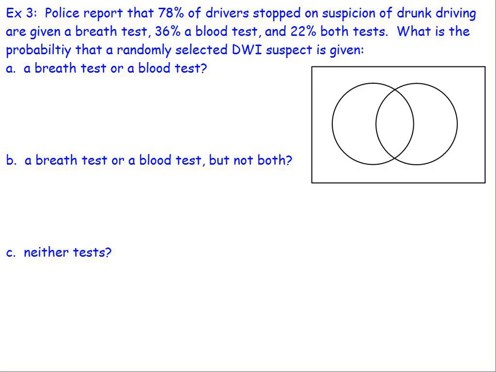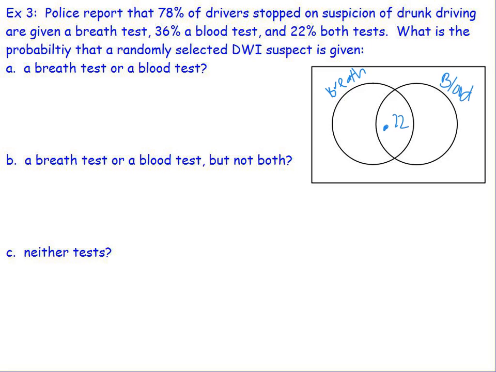Alrighty, a police report says that 78% of drivers stopped on a suspicion of drunk driving are given a breath test, 36% a blood test, and 22% both. So let's do our lovely Venn diagram. So we had a breath test, and we had a blood test. 22% was both.